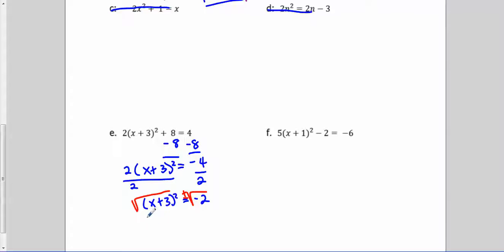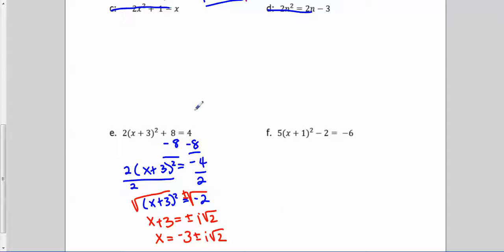So x plus 3 equals plus or minus. The negative comes out as an i. Plus or minus i root 2. And to get the x by itself, you need to add a negative 3 to both sides. So you get x equals negative 3 plus or minus i root 2.